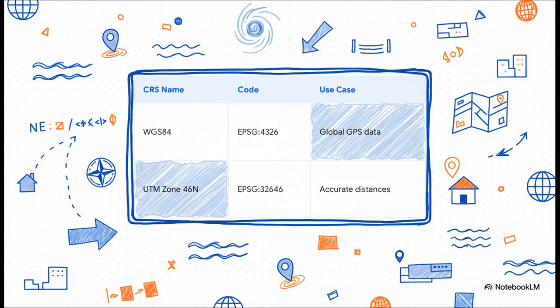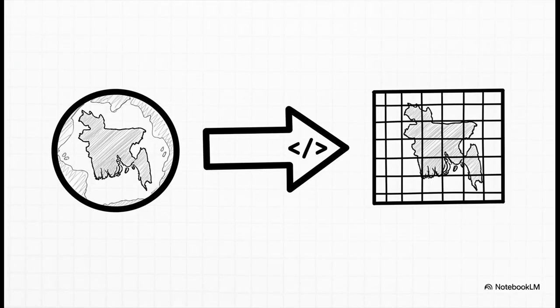The one for Bangladesh is code 32646, and it's specifically designed to give us super accurate distance measurements for that part of the world. And you won't believe this, but it takes just one line of code. This one command, st_transform, switches our entire map from the finding system to the measuring system. It's such a small step in the code, but for the responders on the ground, it's a massive leap in how useful this map is.